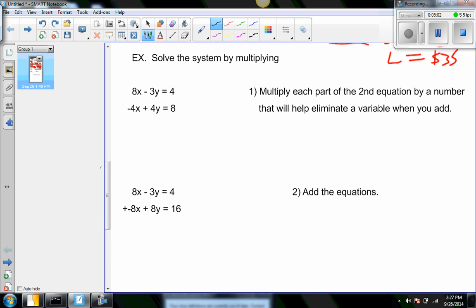If I solve this system by multiplying, so here's the deal over here. It says multiply each part of the second equation by a number that will help eliminate a variable when you add. Okay, so what's going to be the easiest thing to do here? 3 and 4, I'd have to multiply both of them, right? But 8 and 4, I could just multiply the 4 by 2. So that's what I'm going to do.